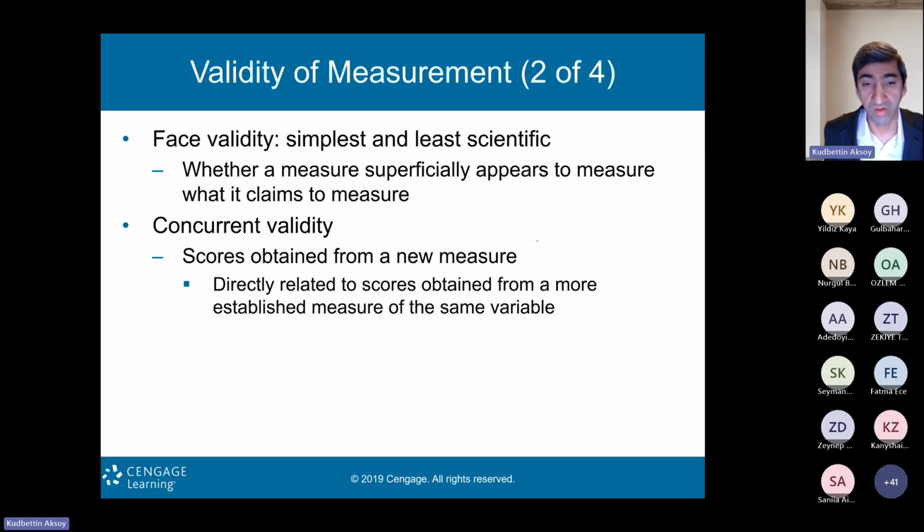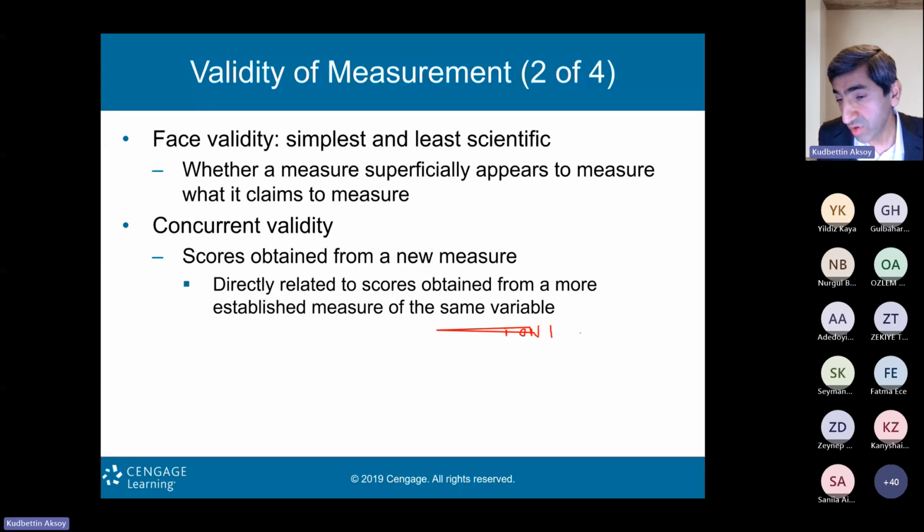Concurrent validity is where you get to check your scores against a well-established measure. You want to measure your students' IQ score, so you give them a non-verbal IQ test. It is an IQ test, a shorter test of non-verbal intelligence, easier to administer.